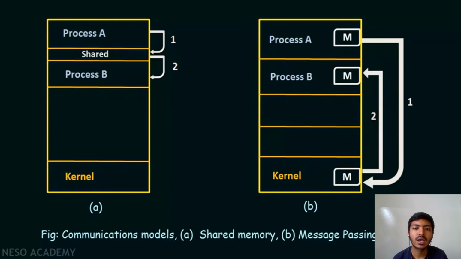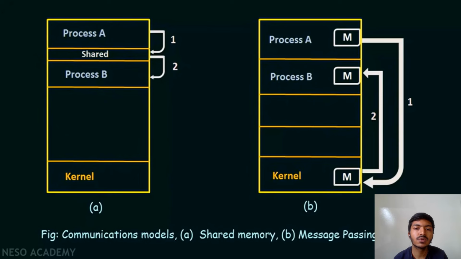Now I'll take a diagram in order to explain this in a better way so that you can visualize how it actually happens. So here we have two figures, A and B. The first figure shows the shared memory model and the second figure shows the message passing communication model.